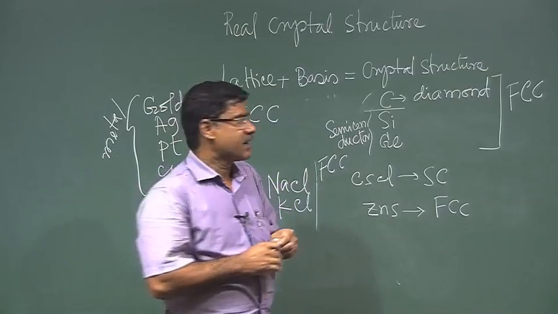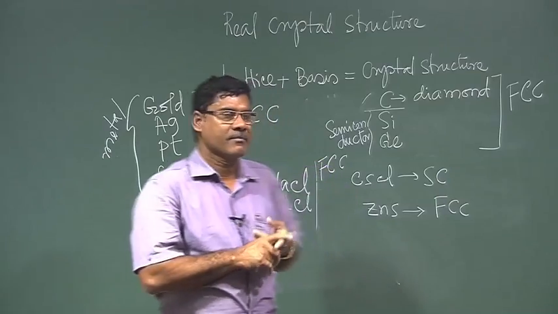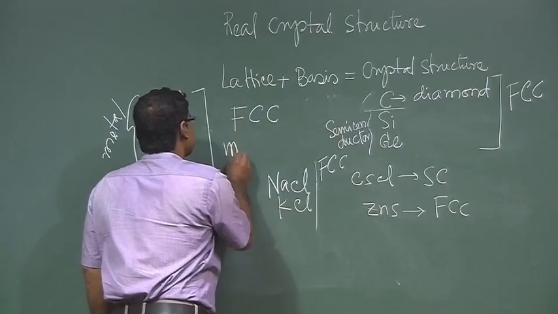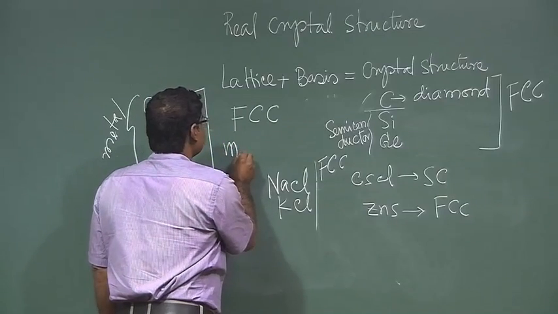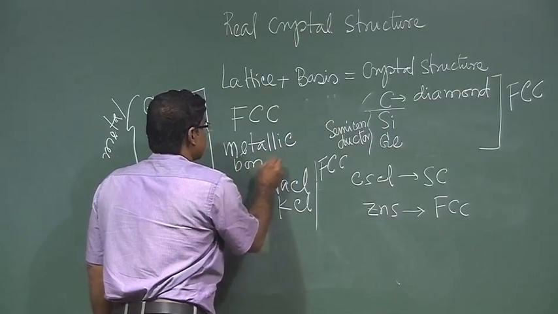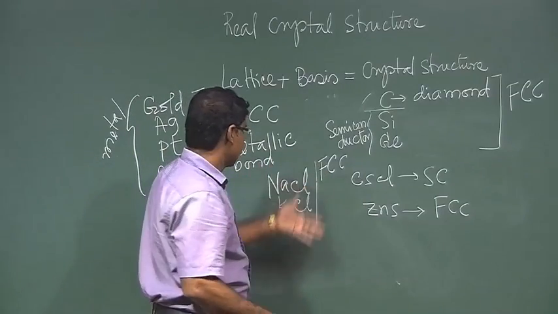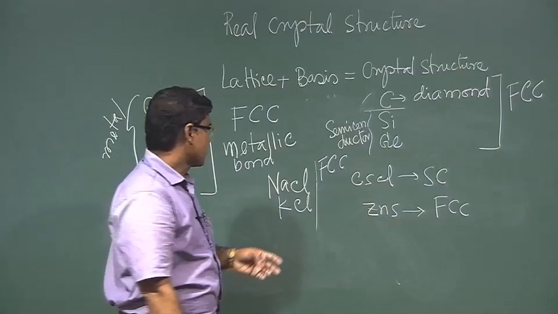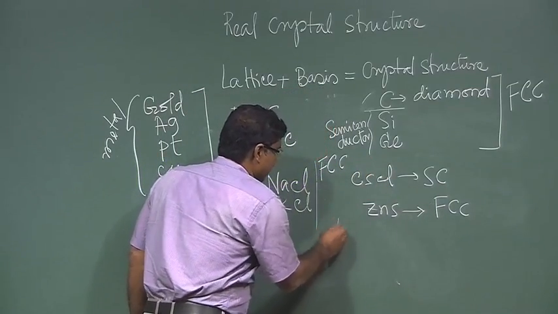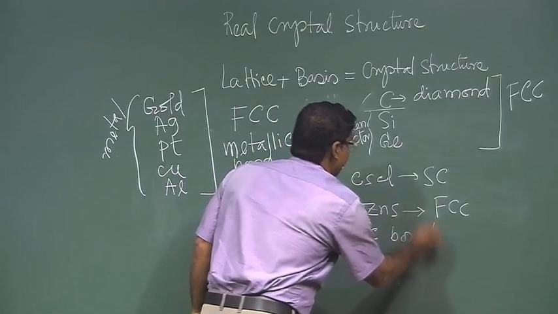That is basically because of the bonding. In this case, metallic bonding is responsible for such type of crystal. Metallic bond, okay. And for this type of material, sodium chloride, potassium chloride, cesium chloride, basically ionic bonding, ionic bond, okay.